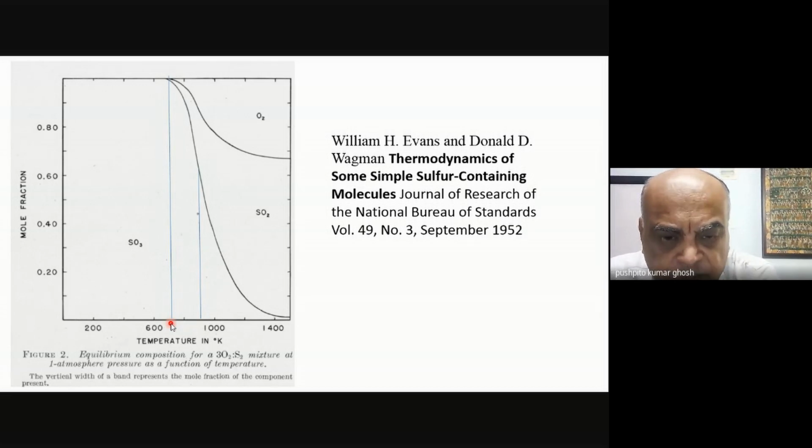Correct? And if you take this point here, where something like 60 to 65% conversion takes place, over here you can see that the temperature is around 900 K, which means around 630 degrees centigrade. Right?